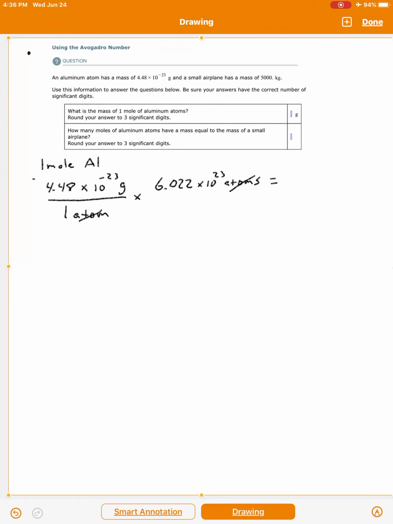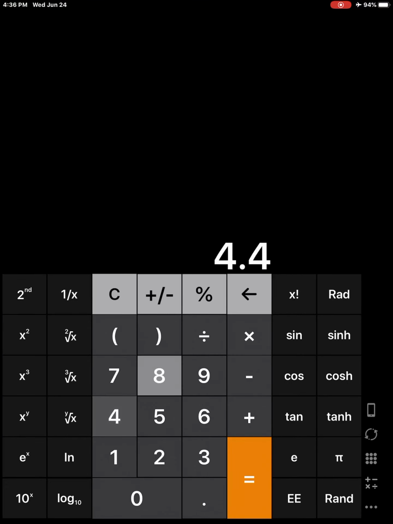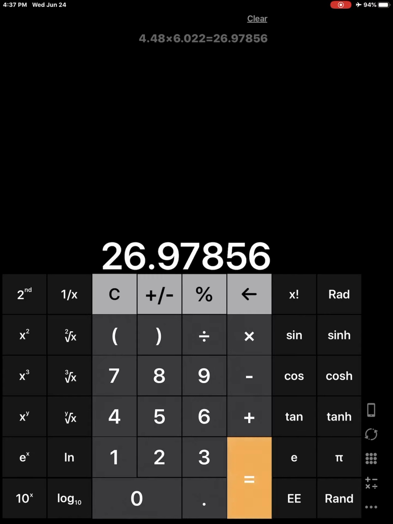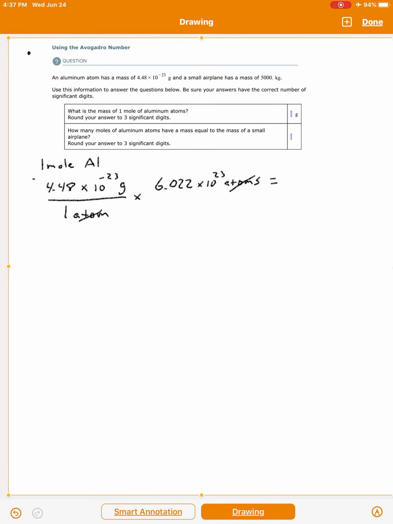So 4.48 times 6.022, and you get 26.979. Pretty close to 26.98, right?